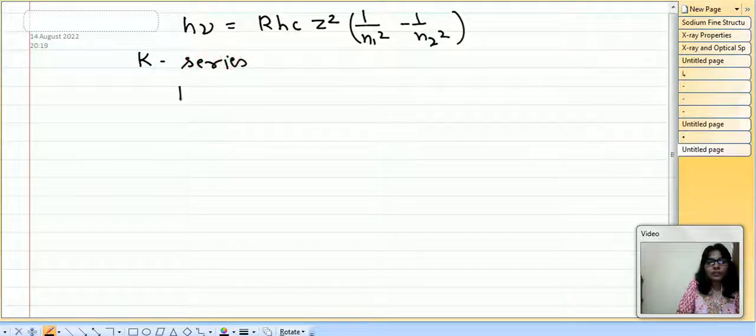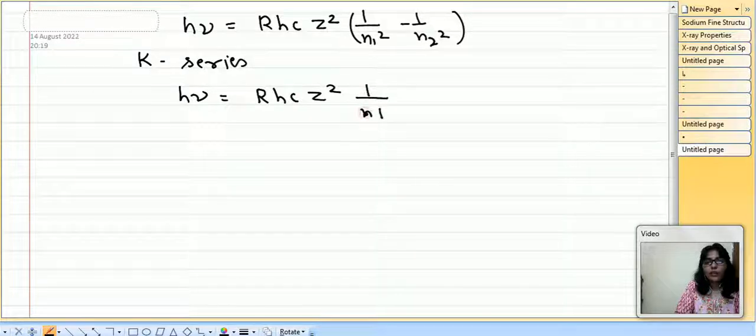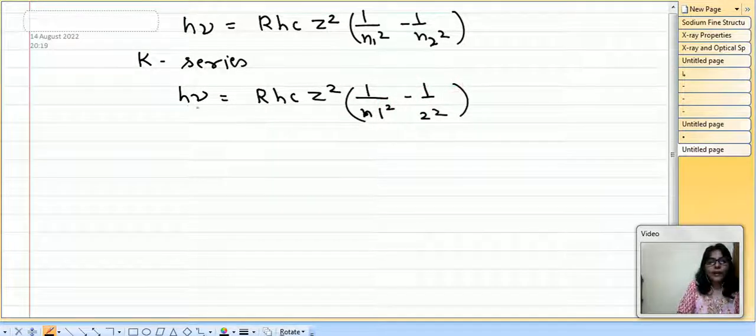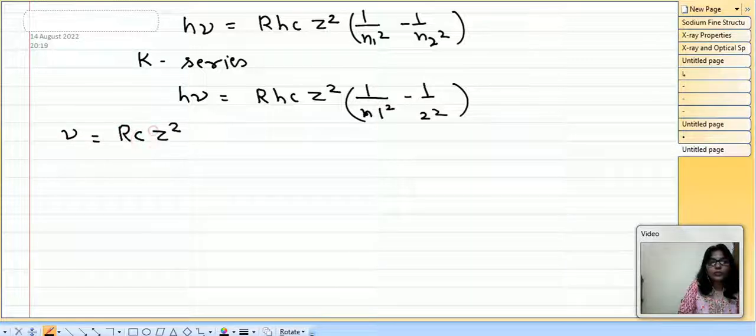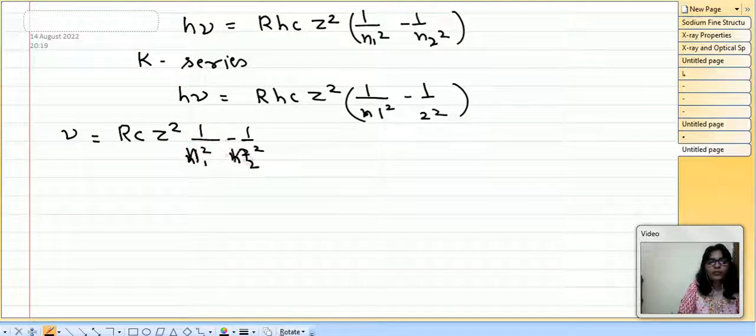And if we write it for the K series, then it will be h nu is equal to R h c into Z square into 1 upon 1 square minus 1 upon 2 square. And let us omit this h value, then this nu will become R c into Z square into 1 upon 1 square minus 1 upon 2 square. In general, we can write it as n1 and n2 square.